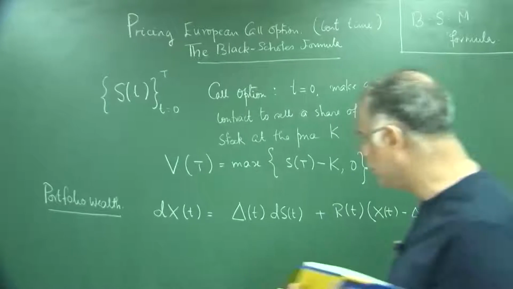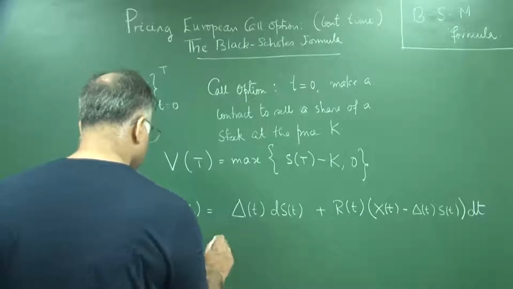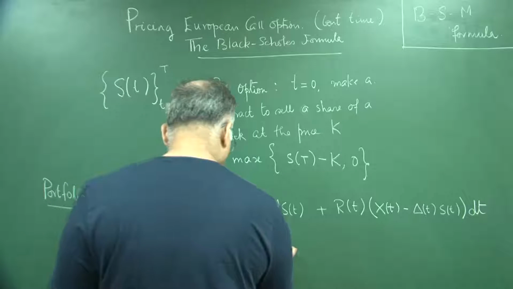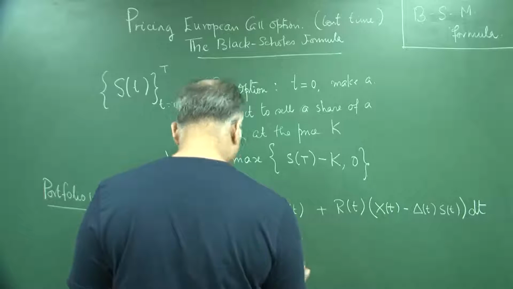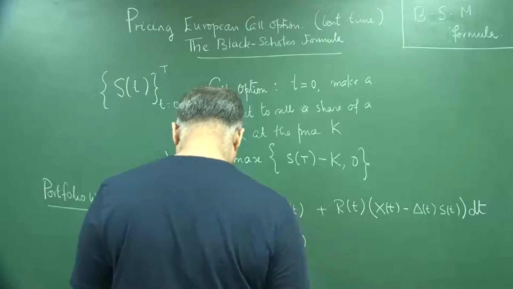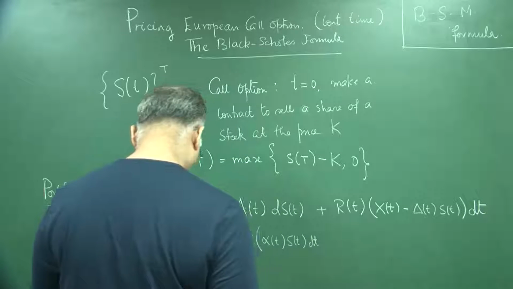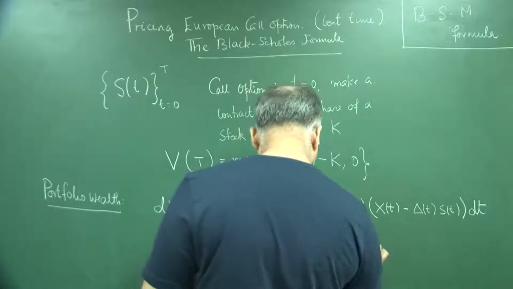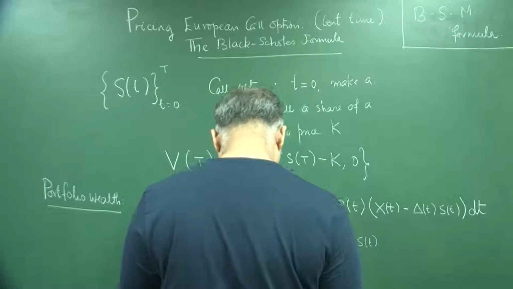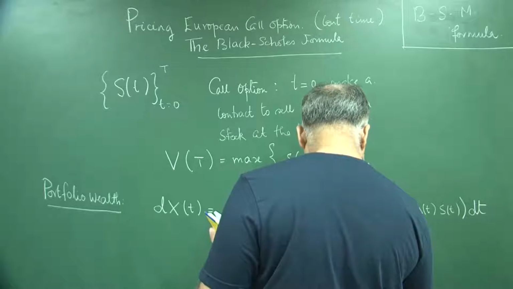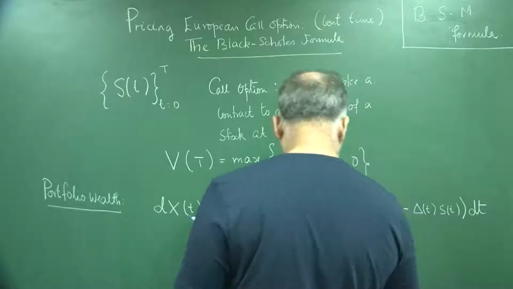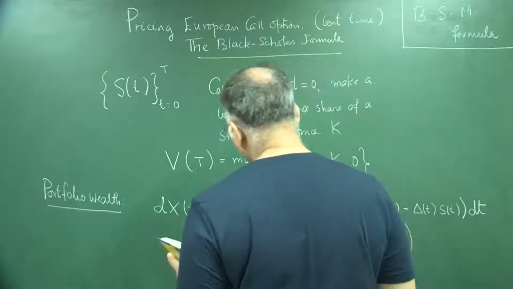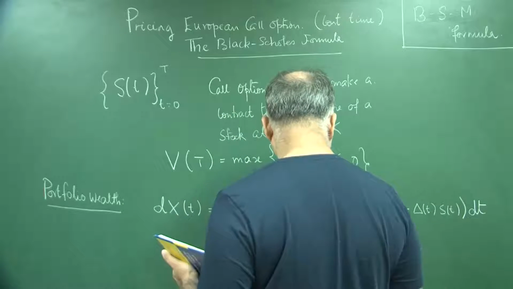Okay. So, I write down the formula. This is what you already know. When it comes to actual Black Scholes pricing, all these would be constant, it will be much simpler.